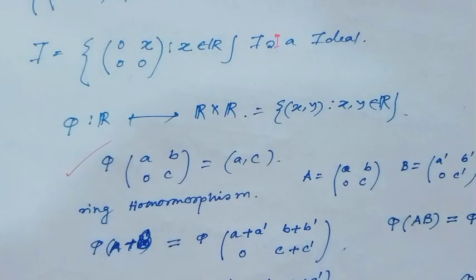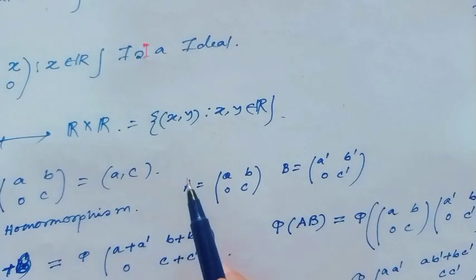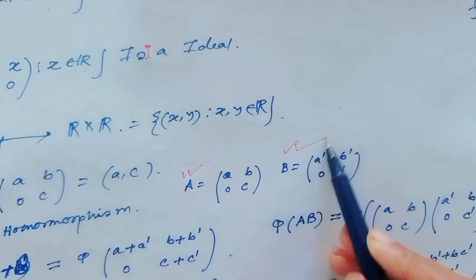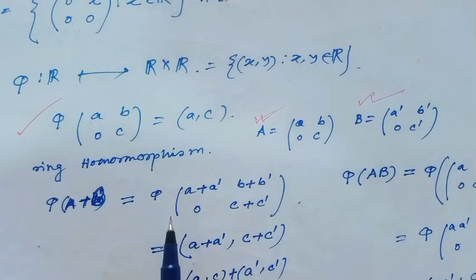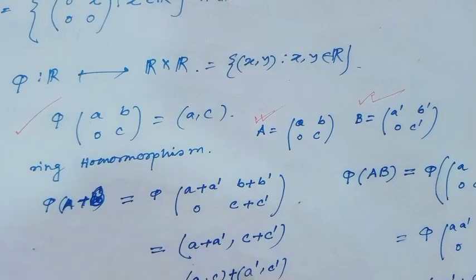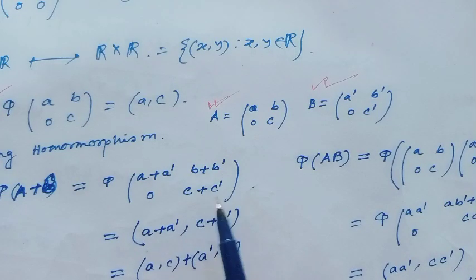Obviously this type of mapping is a ring homomorphism, because consider this is A and this is B. Then phi of A plus B equals phi of (a plus a dash, b plus b dash, 0, c plus c dash).